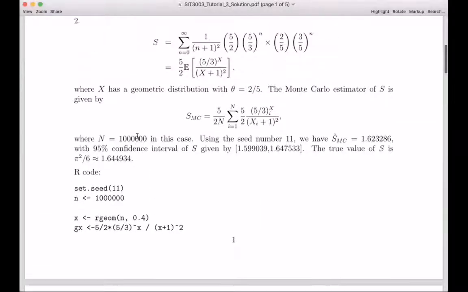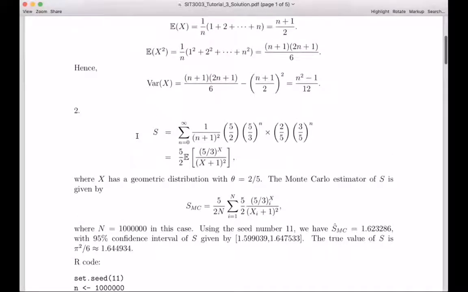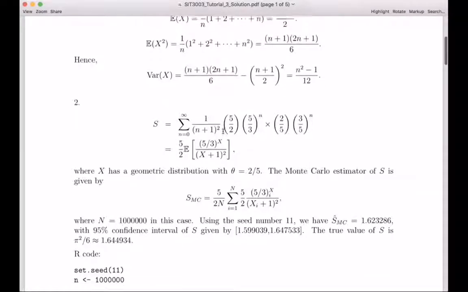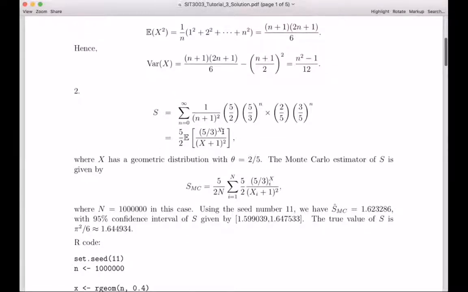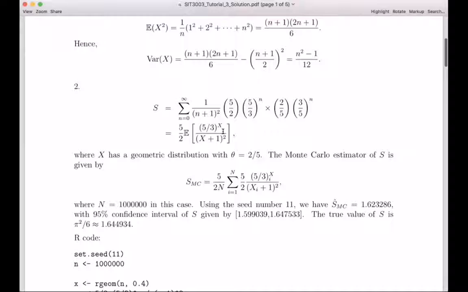Right, so the first thing that you need to know is you are interested to find this. So you want to find the sum of 1 over (n plus 1) squared, right?